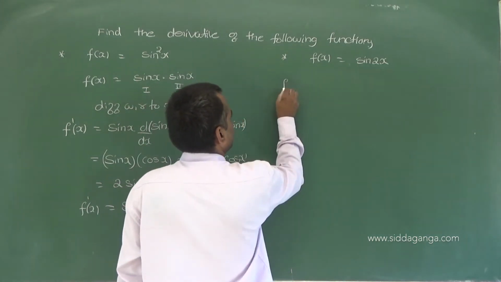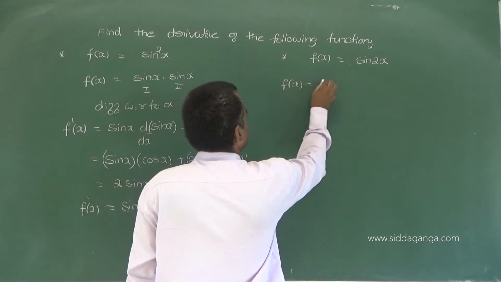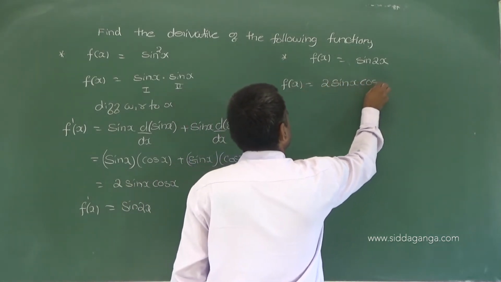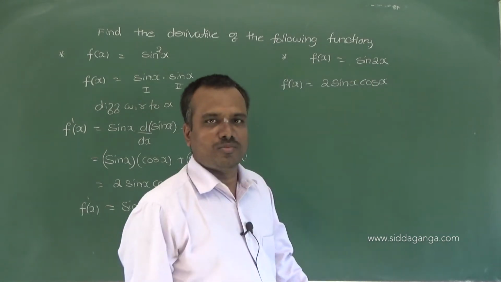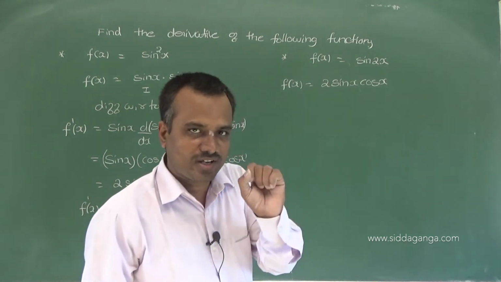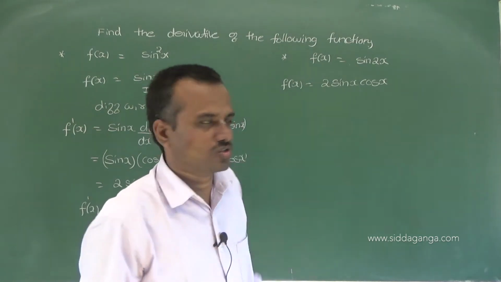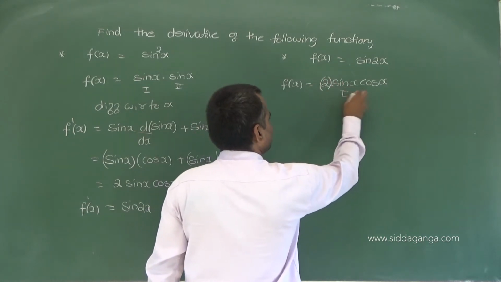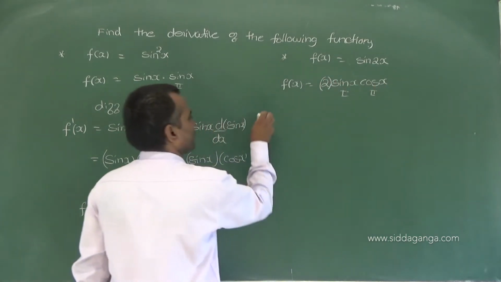See this one. f of x is equal to sin 2x. For the trigonometry, according to the multiple angles, sin 2x we write 2 sin x into cos x. 2 is a constant function, then first function, second function.